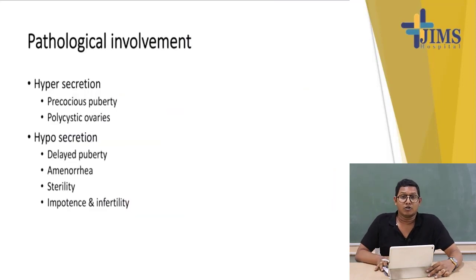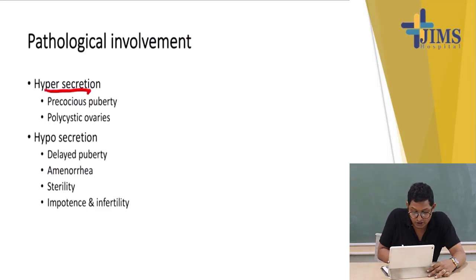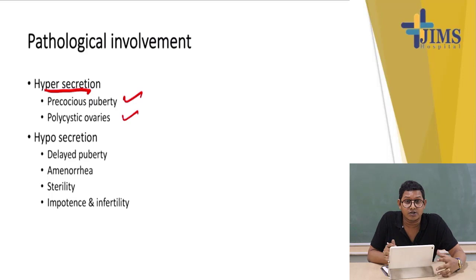So again, let's see the pathological involvement of gonadotropins. In cases of hypersecretion, we see precocious puberty in children and polycystic ovaries in adult women.